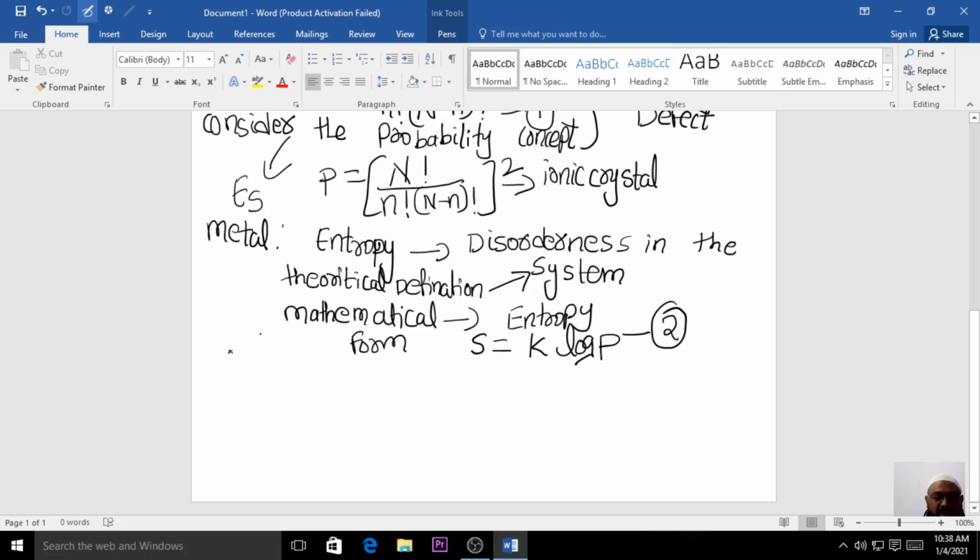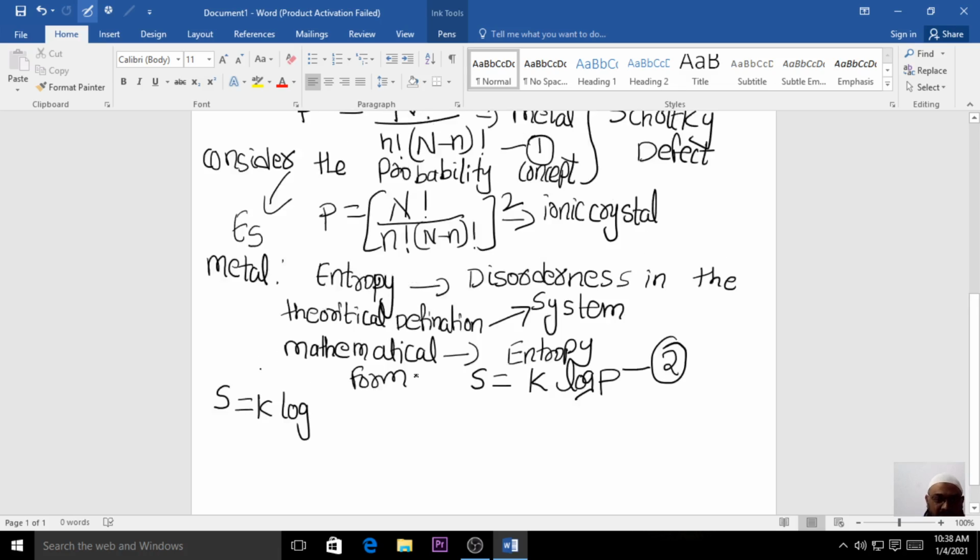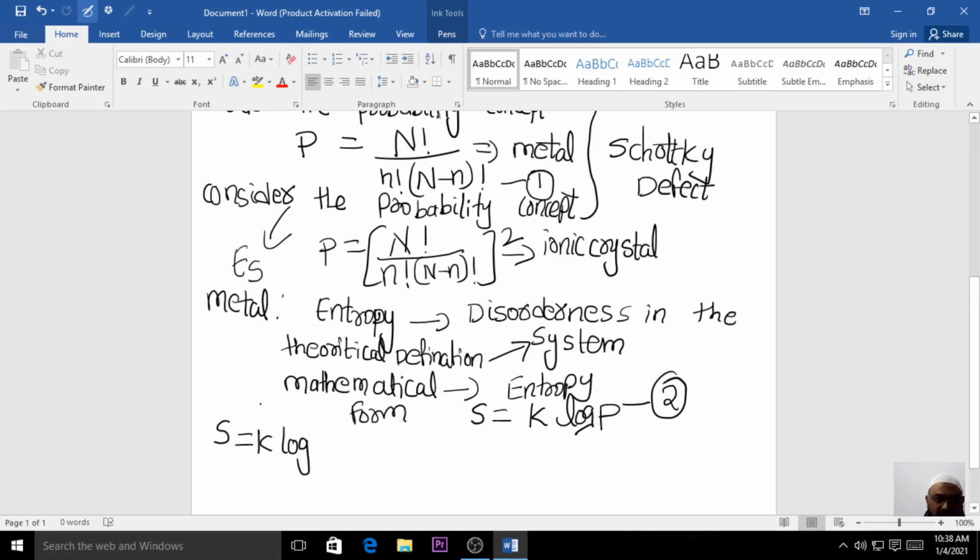What we are trying to do here: S is equal to K log P. What is P for metal? You can see here, P is N factorial by small n factorial into capital N minus small n factorial.